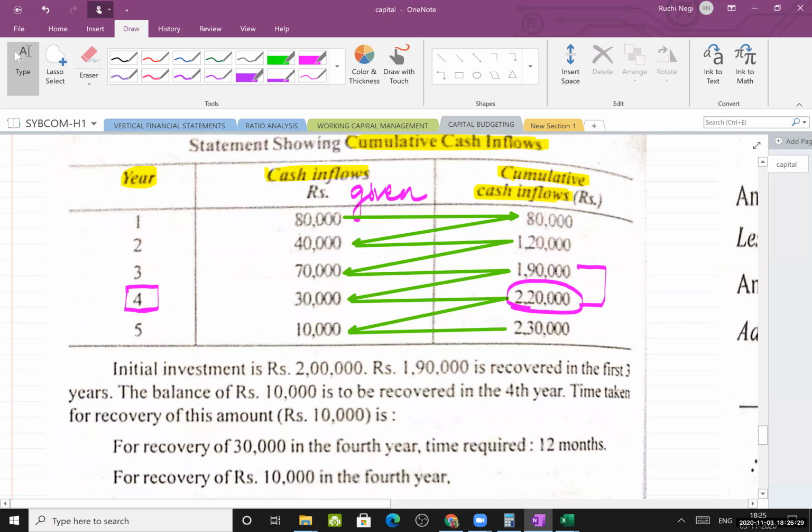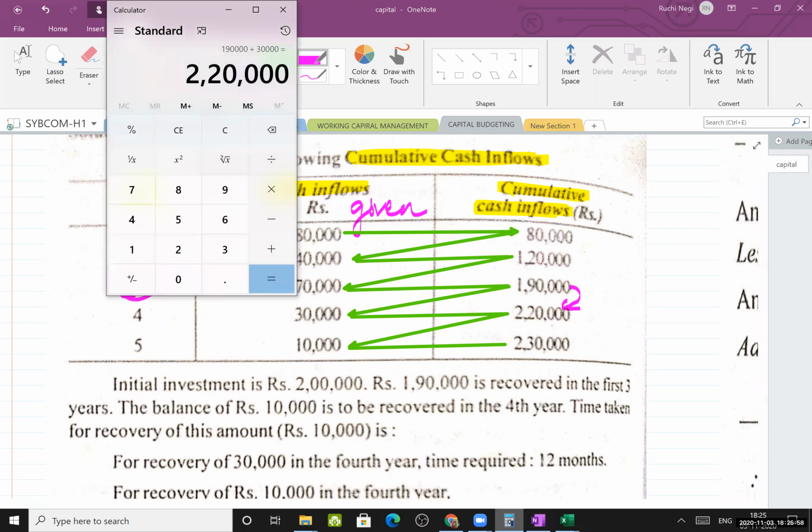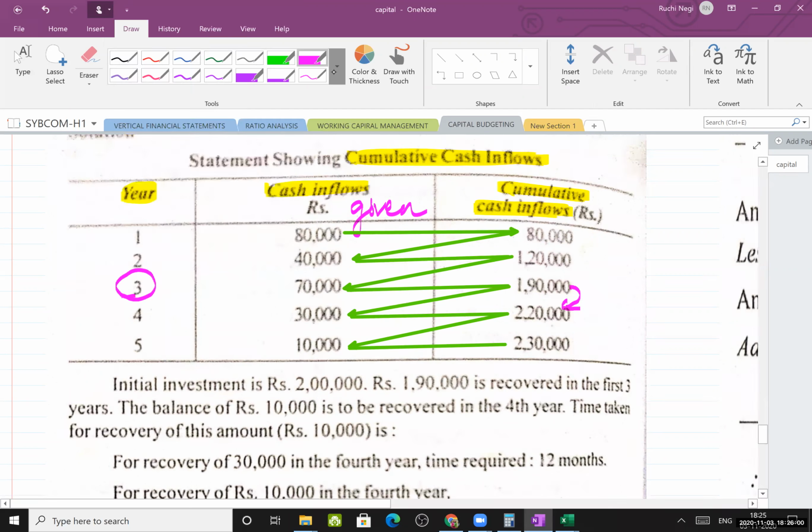Just a minute here. My 2 lakhs will be completed somewhere here, right? So check, this is the 3rd year. My cumulative cash inflow is how much? 1 lakh 90.